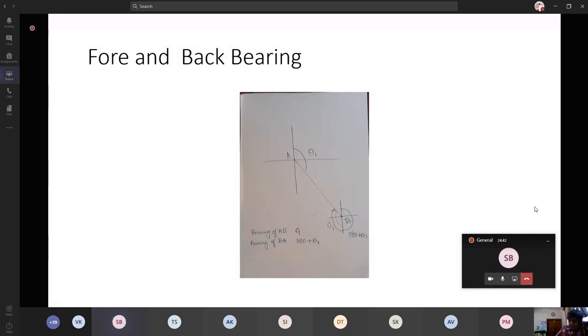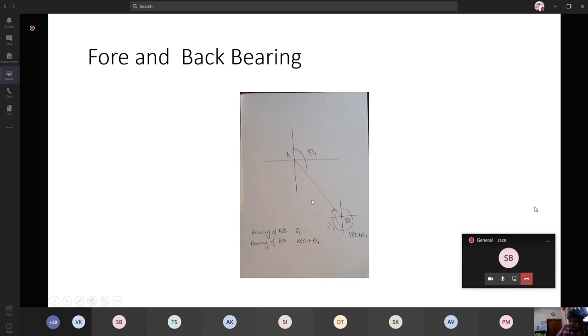Now look at it and tell me. Bearing of line AB is theta 1. What is the bearing of line BA? It is 180 plus theta 1. Because the north lines, the meridians, are parallel.